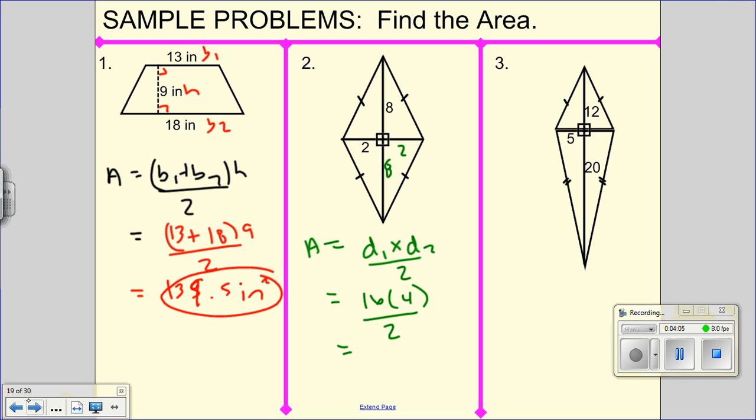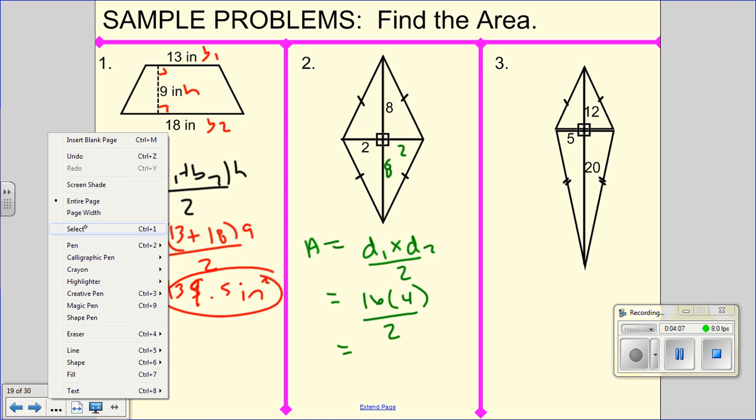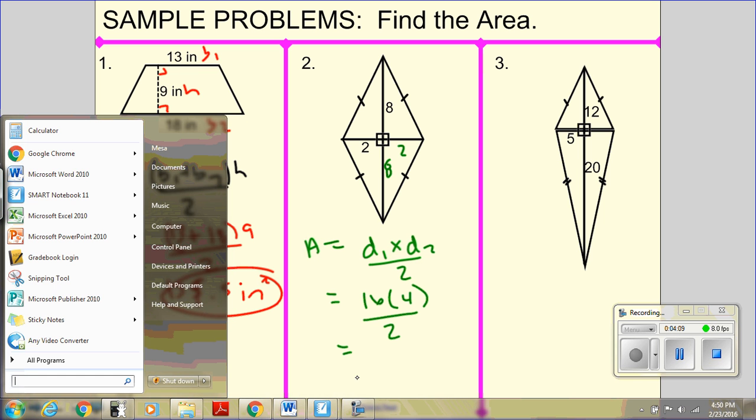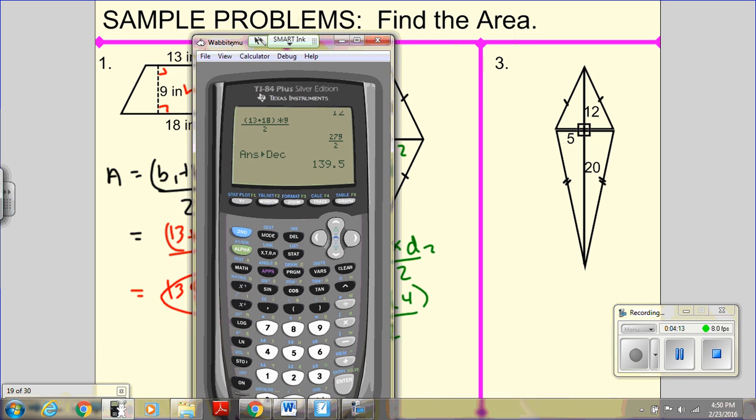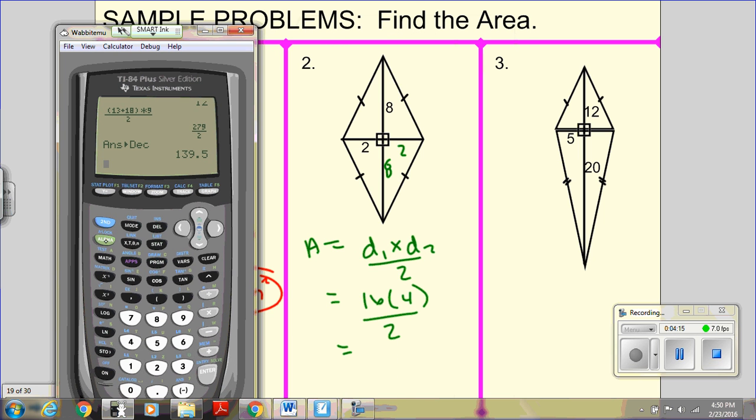So now we grab our calculator. And again, we can type it in at once. 16 times 4 over 2. And again, oh, they didn't give us a fraction this time.